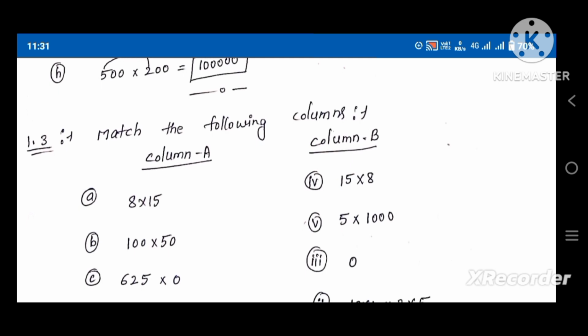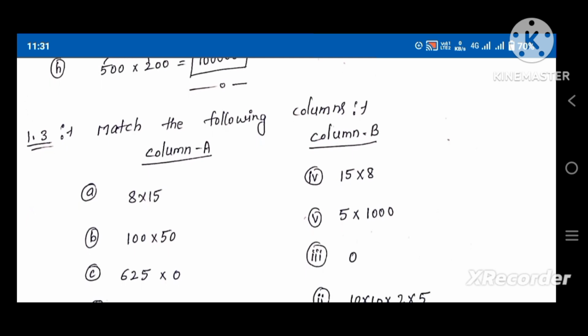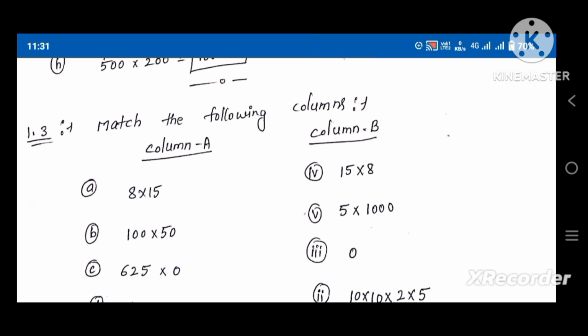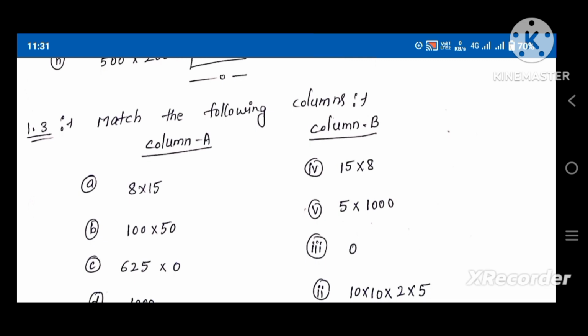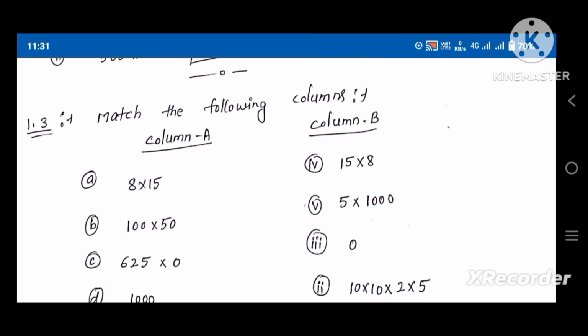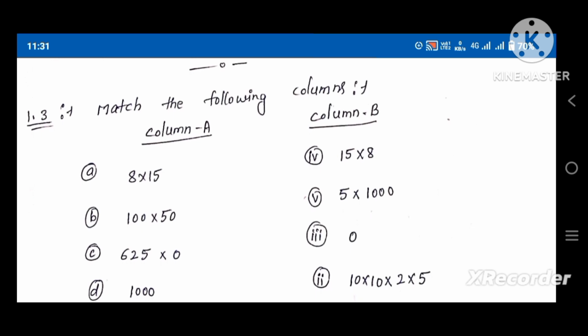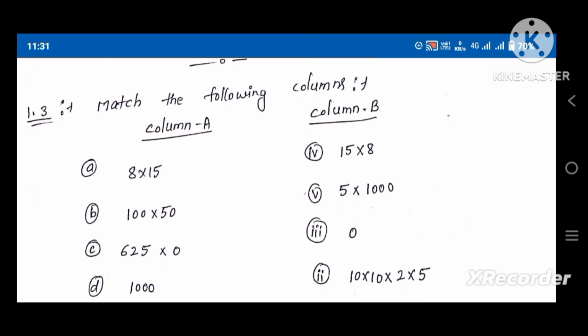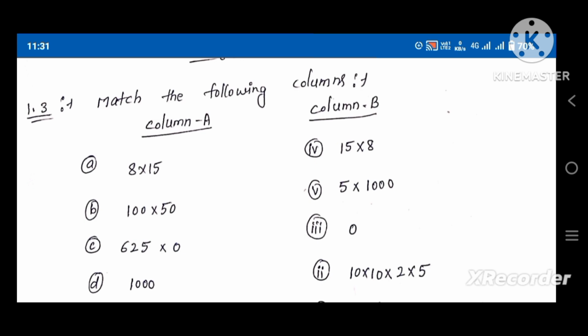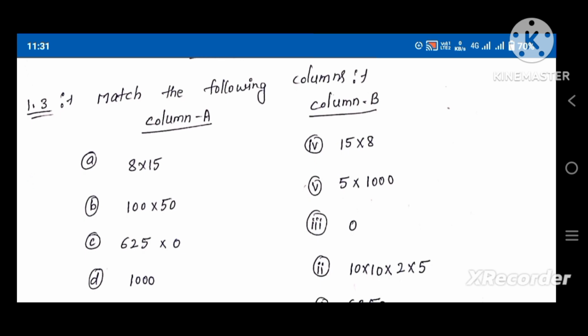Vice versa. In multiplication, this is also a property. B, 100 into 50 is equal to 5 into 1000. 100 into 50 is 5000. 5 into 1000 is 5000.